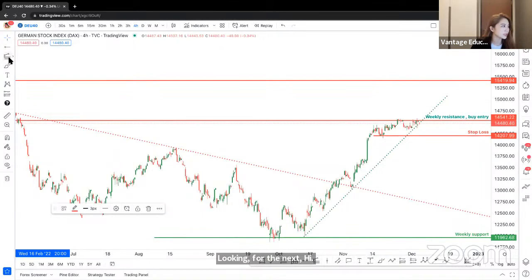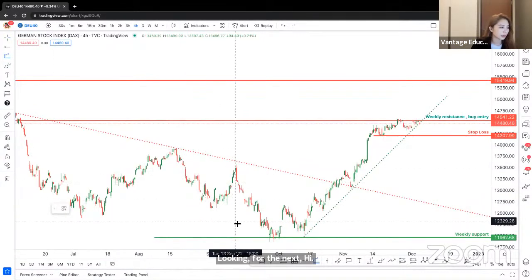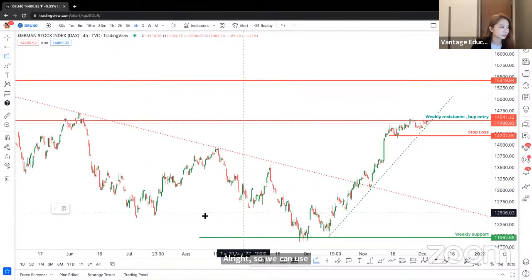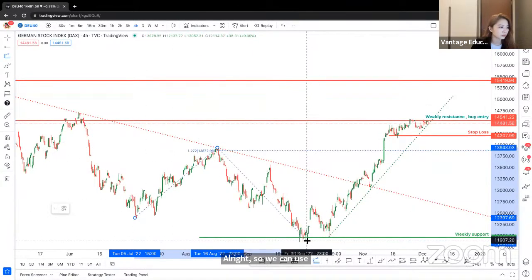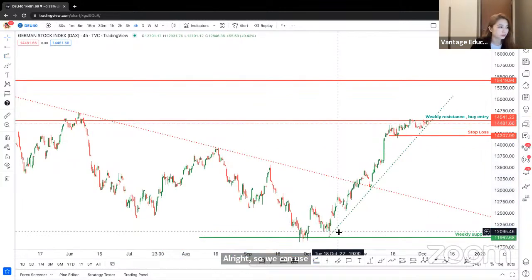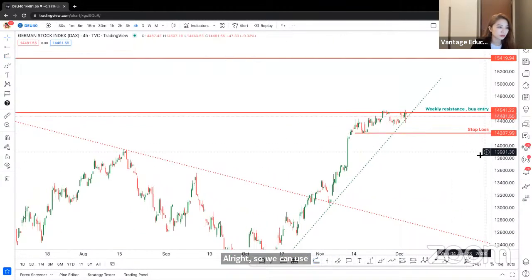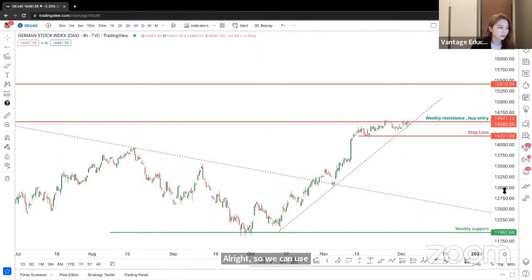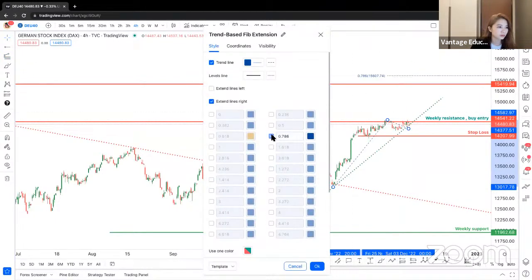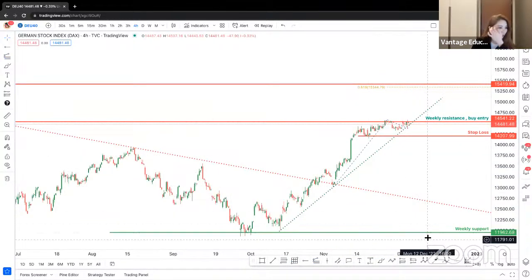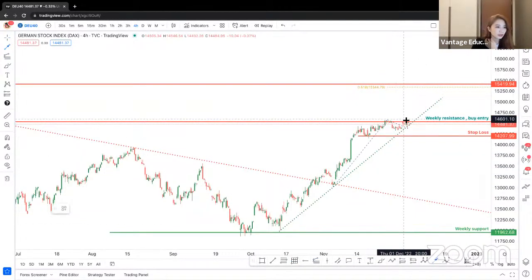So we can use Fibonacci to actually back us up. The 1.8 will be fairly okay.